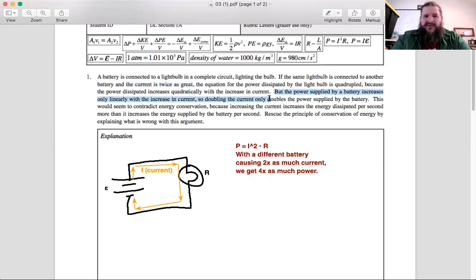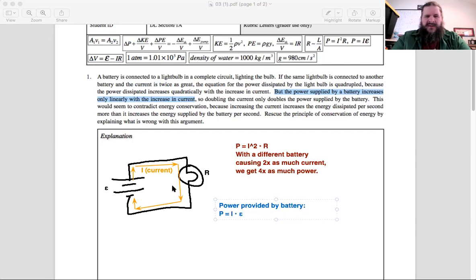Then it says, but the power supplied by the battery increases only linearly with the increase in current. And linearly basically just means directly proportional to each other. And why is that? What formula could we use for power supplied by a battery? Yeah, power is current times voltage, the epsilon, the electromotive force or voltage provided by the battery.